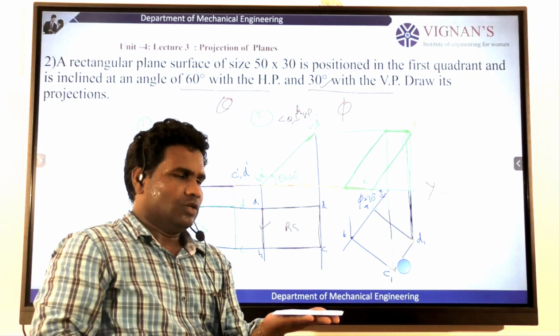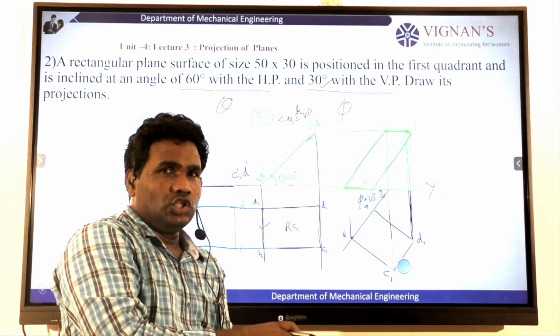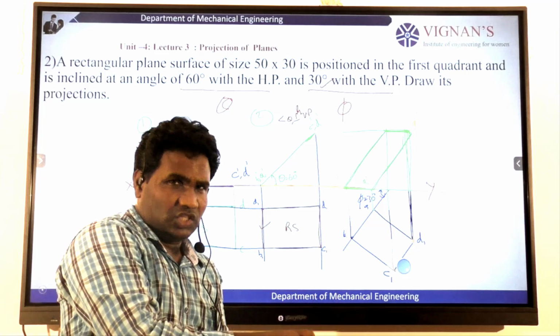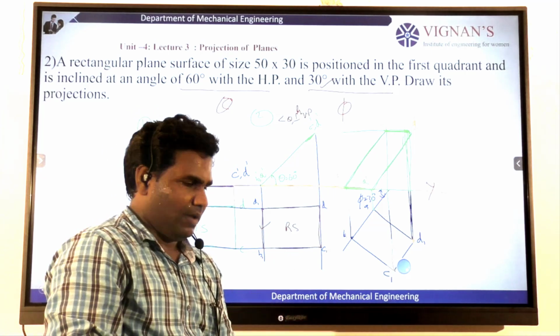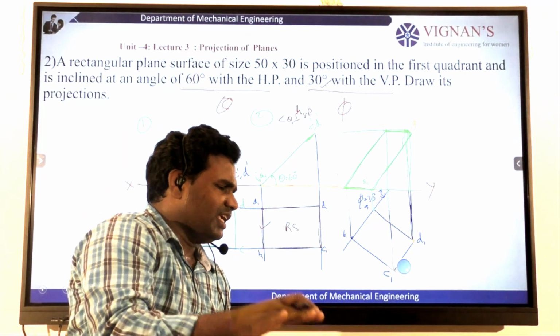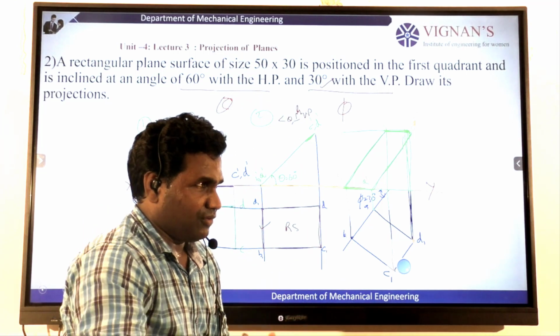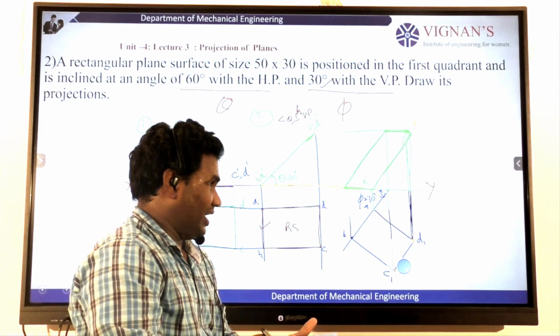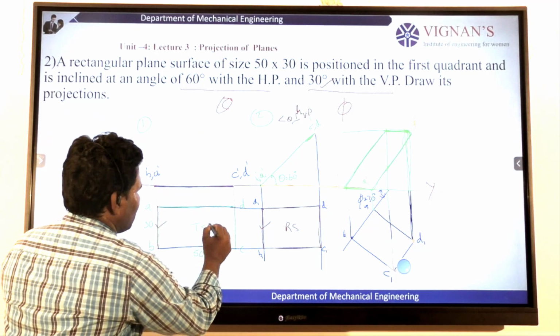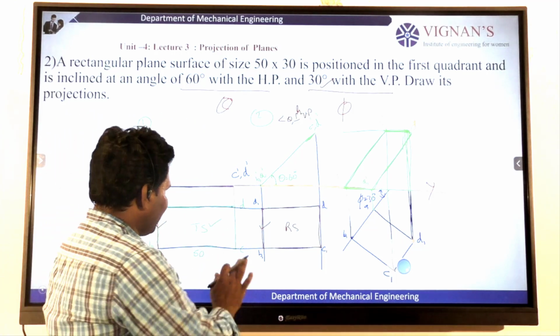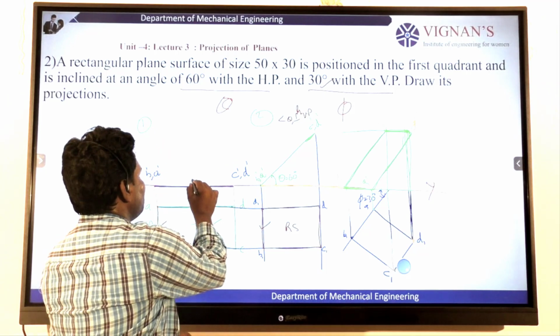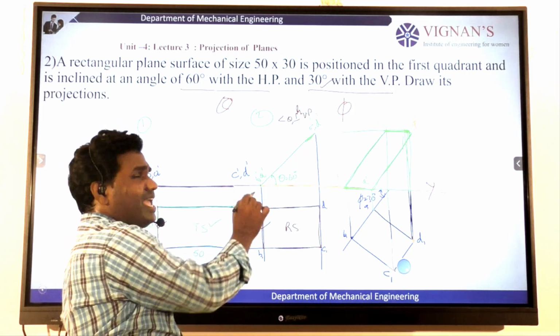Initially we assumed the total plane is resting on HP, perpendicular to VP. So in the top view we observe the true shape and size of the plane figure, and in the front view we observe a straight line. For that reason, we drew the true shape of the plane figure in the top view, and the front view is a line.